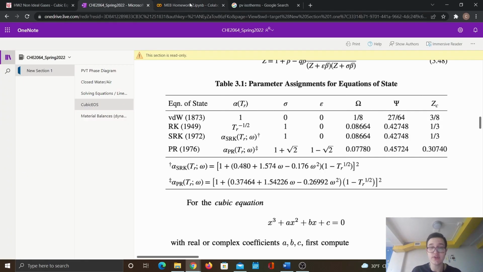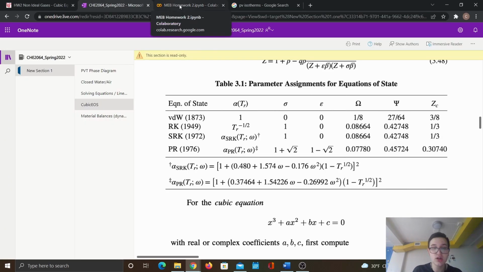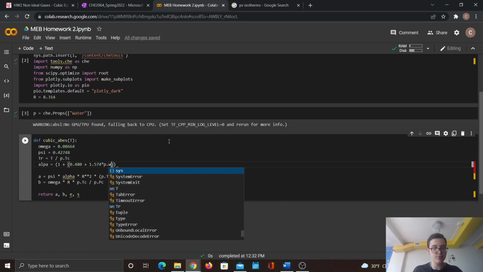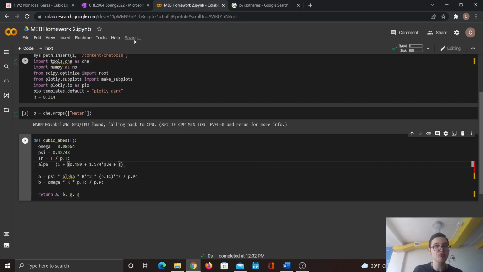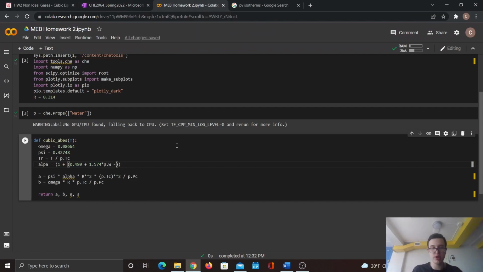Now we can find alpha, so alpha is equal to parentheses 1 plus parentheses 0.480 plus 1.574 times P dot W minus 0.176 times P dot W, also going to add one more squared here.